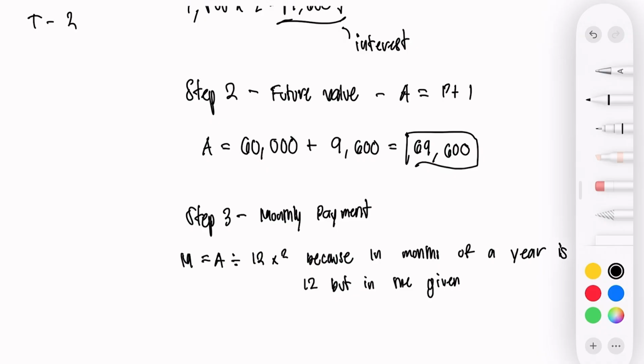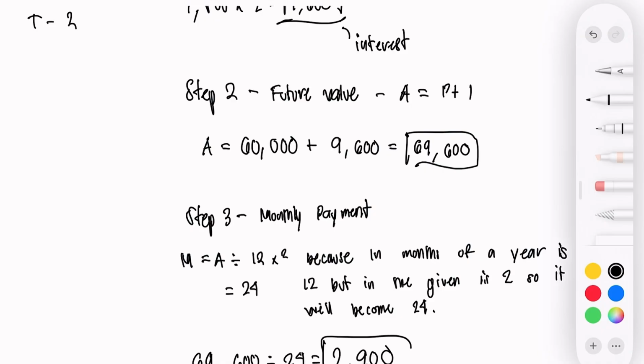So it will be 24. So after that, we will divide it now. Our A is 69,600 divided by our time, which is 24, so equals 2,900. And that's the answer. That's our monthly payment.